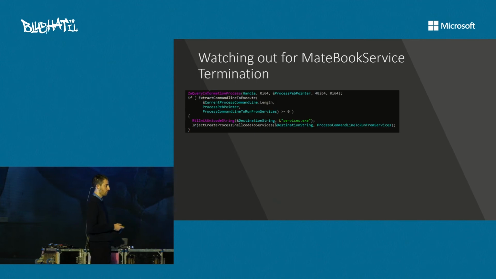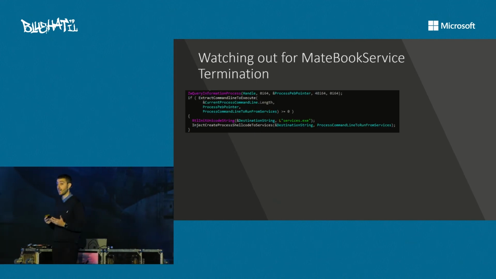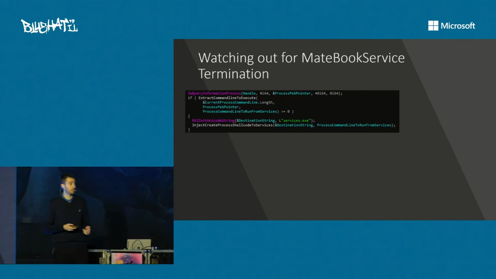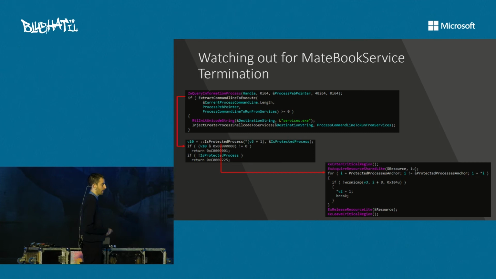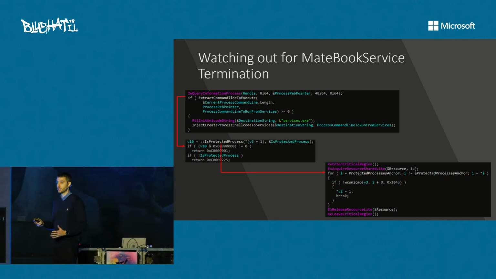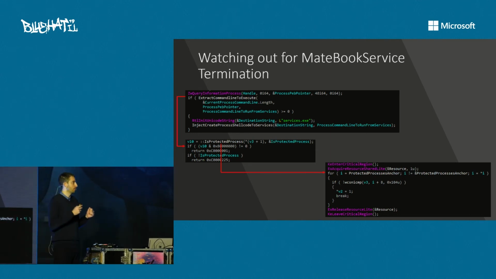So what I did first was to inspect the code which decides whether or not to inject the shellcode and execute the rest of the process execution. And it turns out that the decision is based on some terminated process properties.